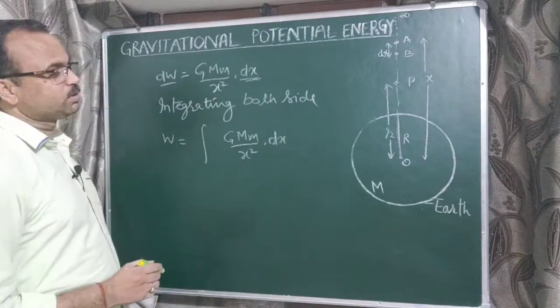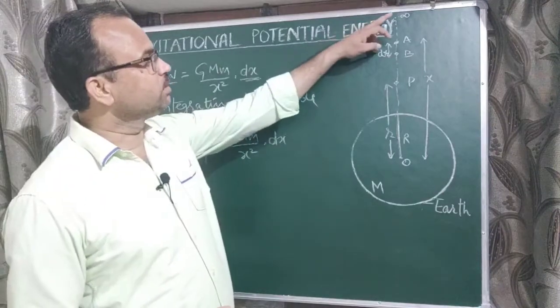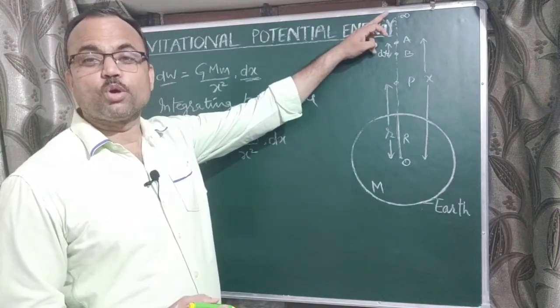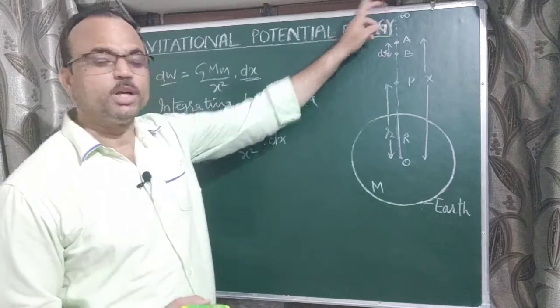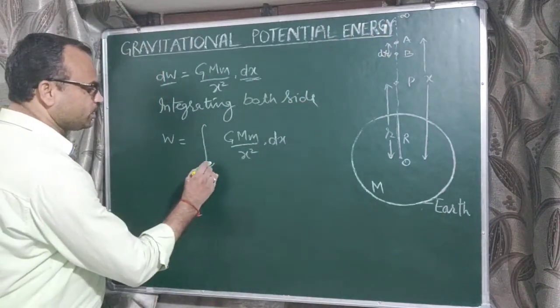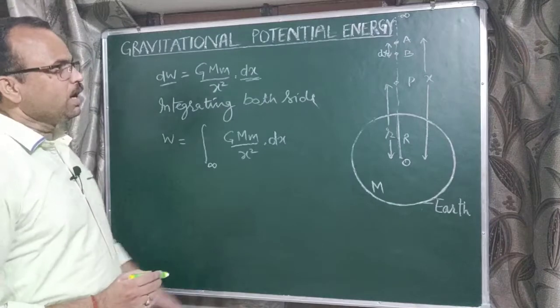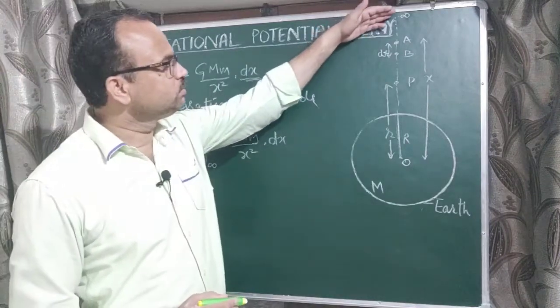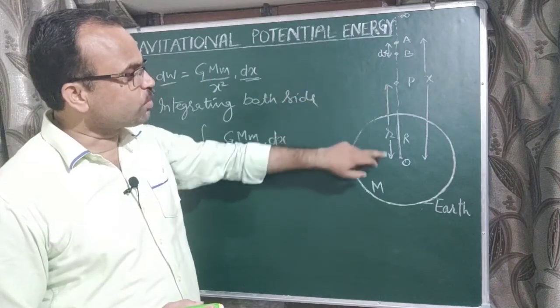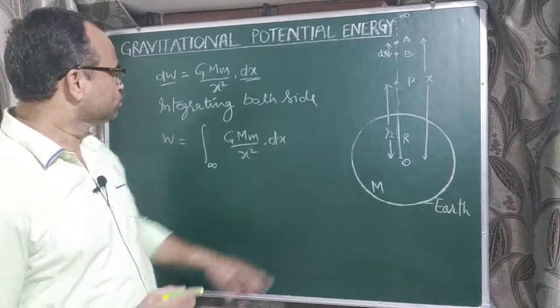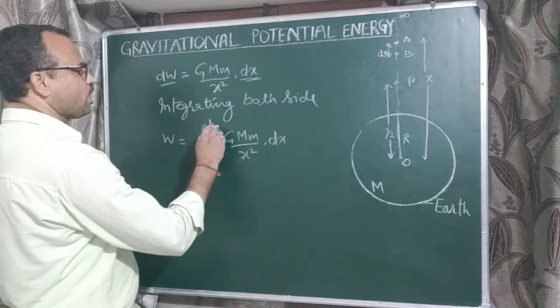Now put the limits. The lower limit is where the body is brought from, which is infinity, and the final point is point P, whose distance from the center of the Earth is r, so the upper limit is r.